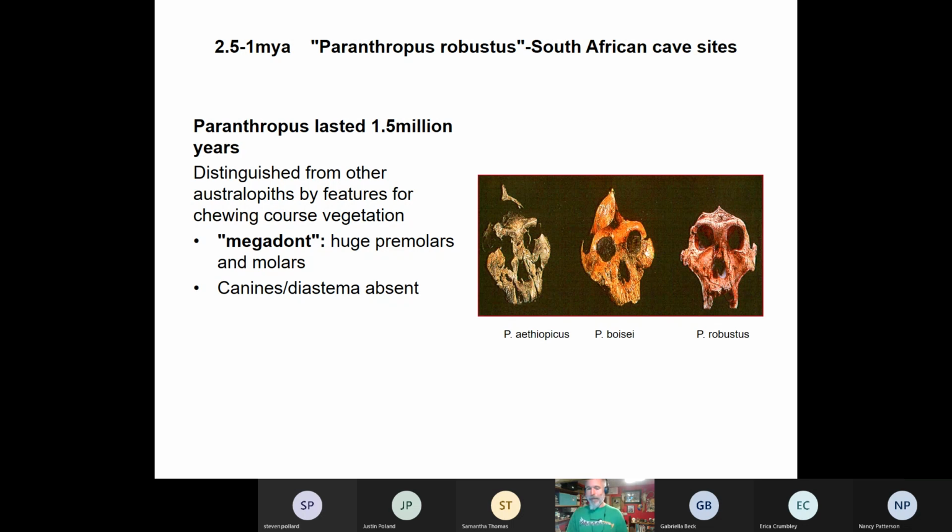Canines are definitely absent, so we're moving towards modern humans in that sense, and less sexual dimorphism potentially as well because of that. But a flatter face, and that verticality of the face was definitely a trait that is indicative of modern Homo.